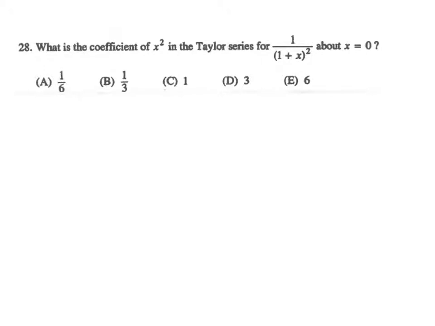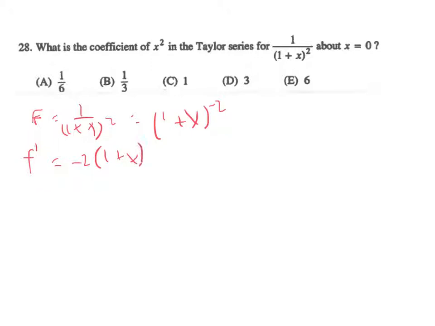All right, so this one, finding the coefficient of the x squared term in the Taylor series of 1 over 1 plus x squared about x equals 0. There's two ways of doing it. One is to just crank it out and say, okay, well, we've got f is equal to 1 over 1 plus x squared, which is the same thing as 1 plus x to the negative 2, and f prime will then be negative 2 times 1 plus x to the negative 3.